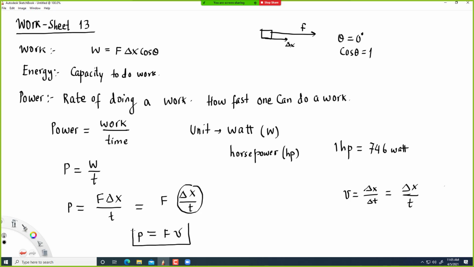So there are two ways you can calculate power. One is by using this formula, the definition of power, work over time. Or you can also use power is equal to force times speed. Okay? So let's look at number 5 to apply the formulas.